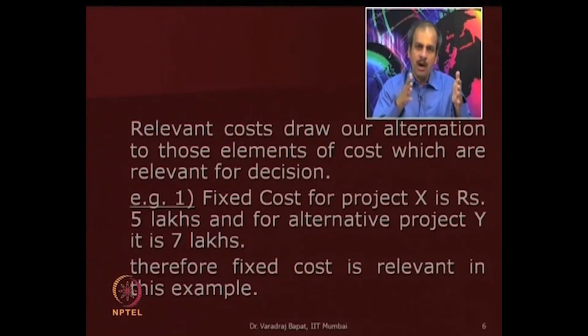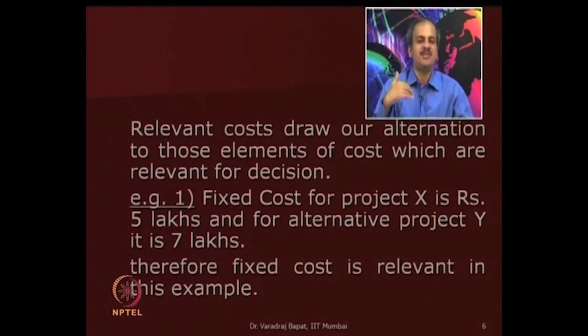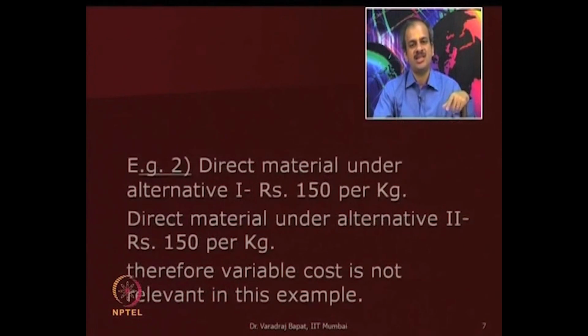If we assume that output is the same and functionality of both projects is the same, it may be better for us to go for the project which has less fixed costs. So, we will perhaps go for X because it is better to have a lower fixed cost if the functionality is anyway the same, and in this case fixed cost is relevant for our decision.